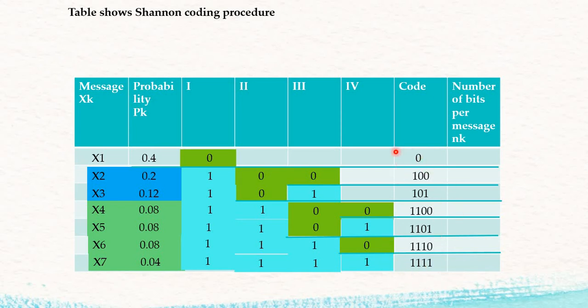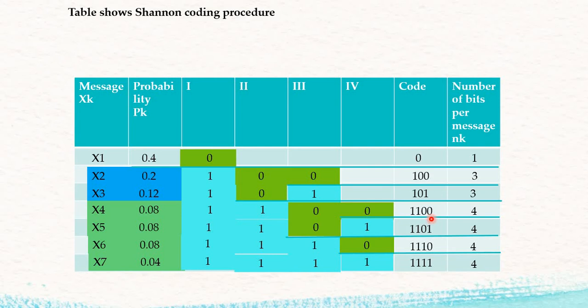Once the code is with you, our next task is to find the number of bits per message, meaning the number of bits used for transferring the message x1 with the probability of 0.4. For the first, how many bits are there? The bits are 1. For the second, 1 2 3, the bits are 3. For the next again, 1 2 3 4, then 4 4 4.